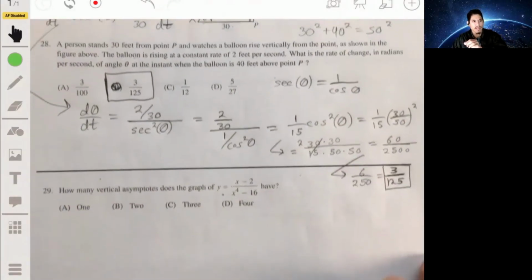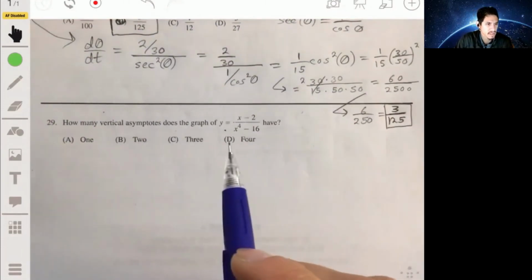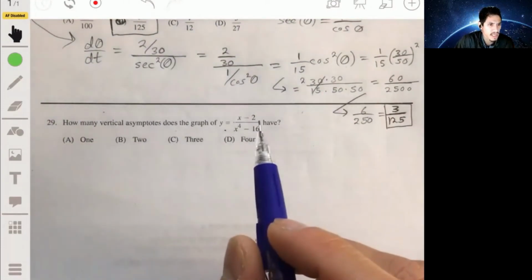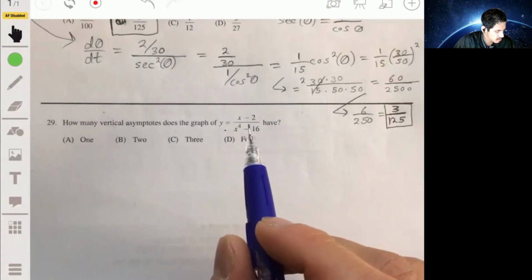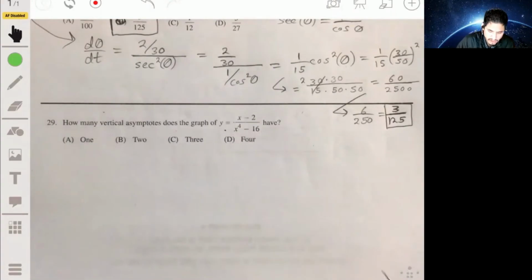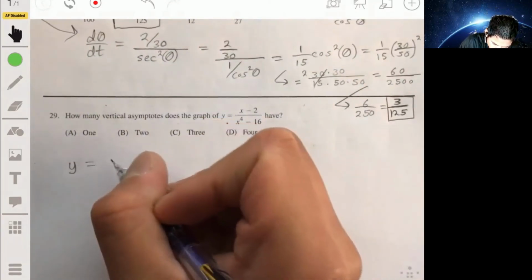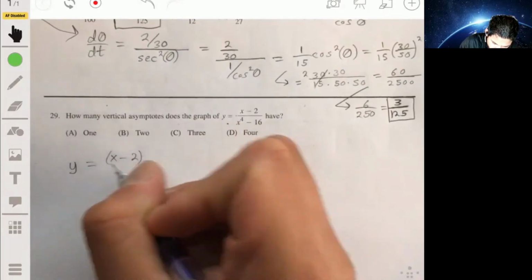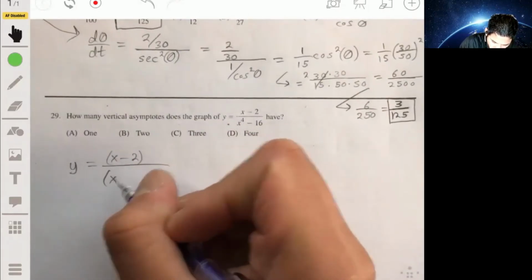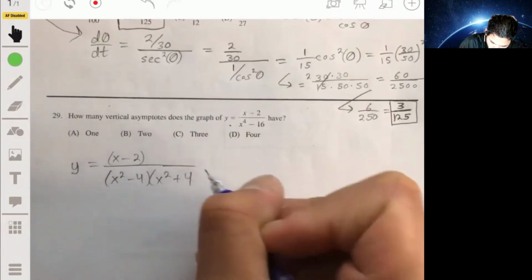All right, and then number 29. How many vertical asymptotes does the graph of y equals x minus 2 over x to the 4th minus 16 have? So what we're going to do is factor this down. You can factor the denominator into x squared minus 4 times x squared plus 4.